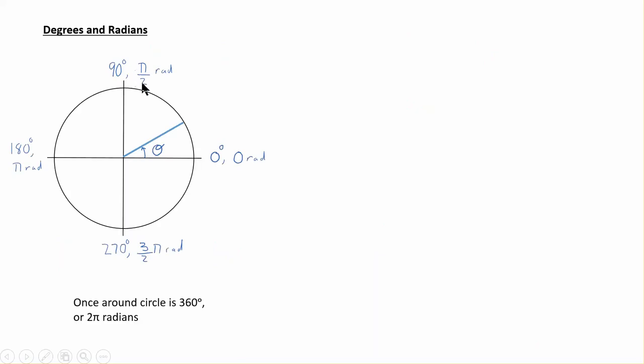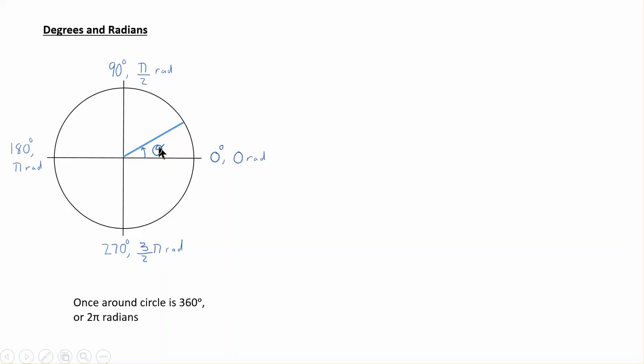Next key thing that you'll need to remember from geometry is converting from degrees to radians. So, here I've drawn a circle, and I've defined this angle theta here to be the angle that this blue line makes with the horizontal.